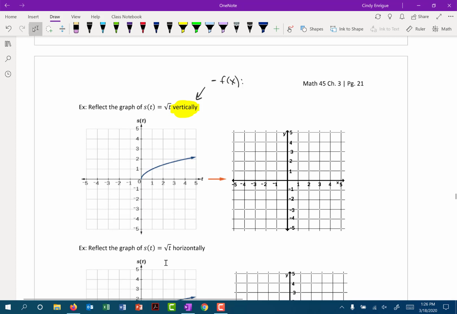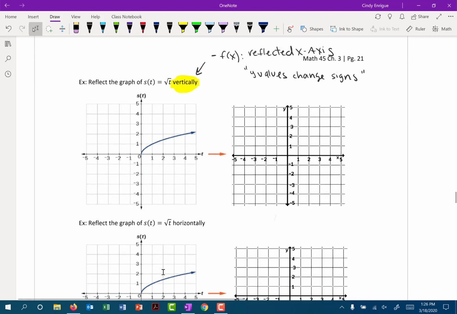So I know that I'm reflecting across the x-axis. And so that tells us that the y values change signs. Okay. Since it's reflected across the x-axis.